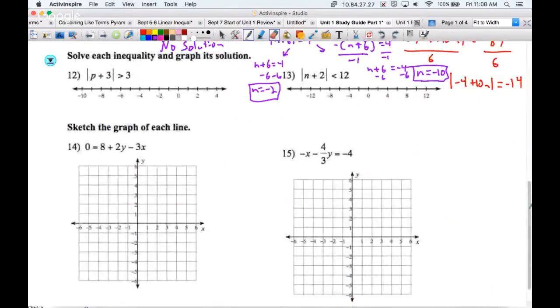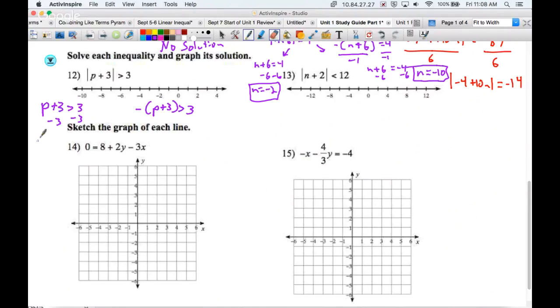All right, solve each inequality and graph its solution. So now we need to do the split, simplify each, graph each. So this one here splits into the positive case, p plus 3 is greater than 3, and the negative case, negative parentheses, p plus 3 is greater than 3.